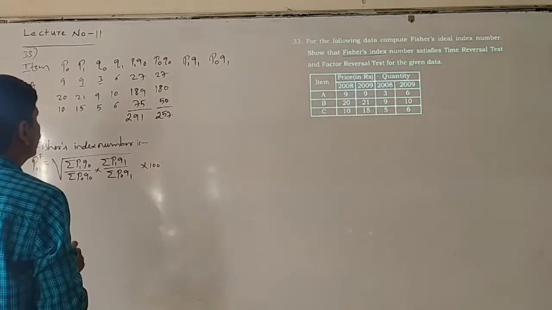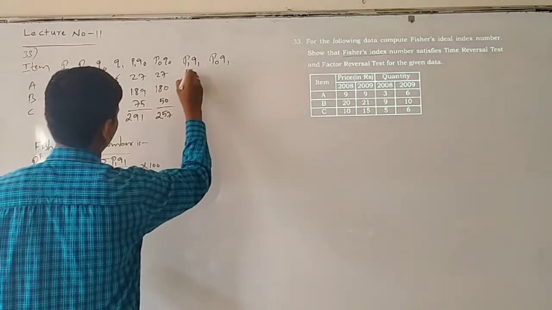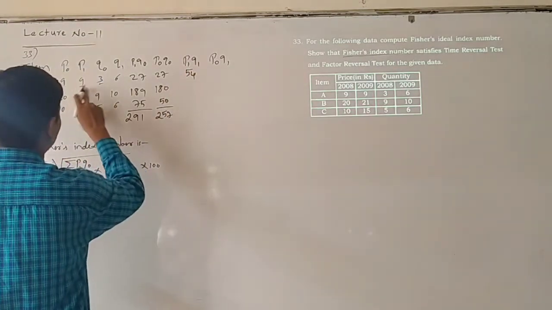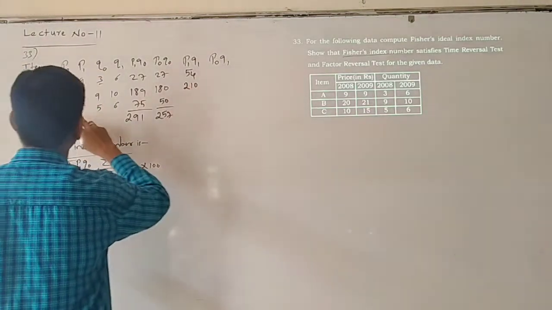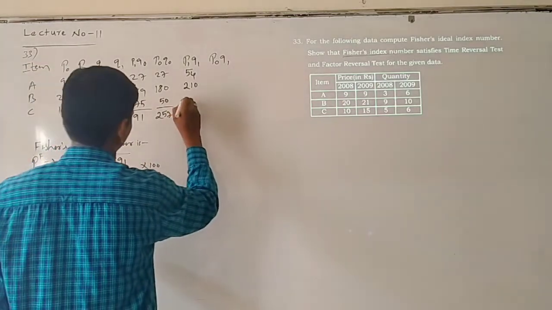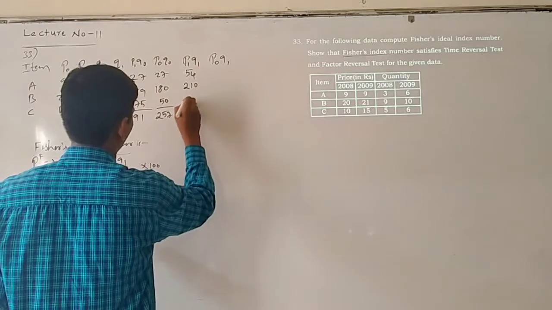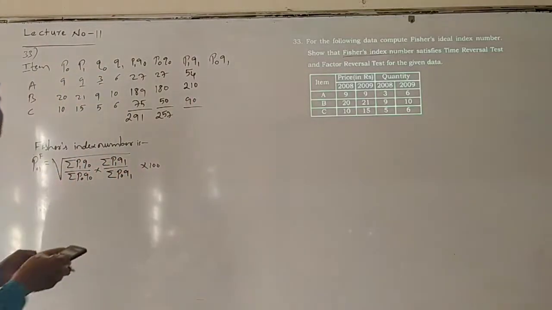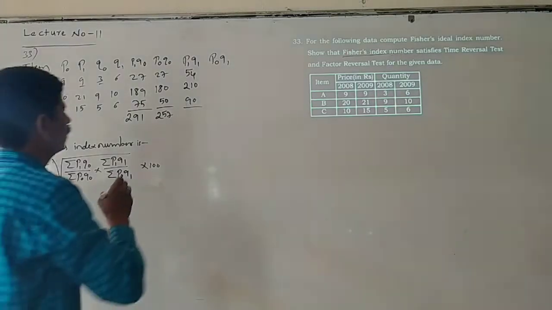Next, you have to multiply P1 into Q1. 9 times 6 is 54. The next 21 times 10 is 210. 15 times 6 is 90. Sum of P1 Q1 is 54 plus 210 plus 90, which is 354.